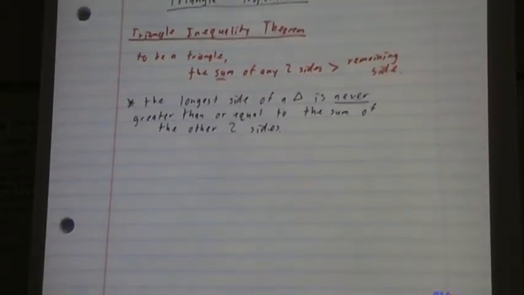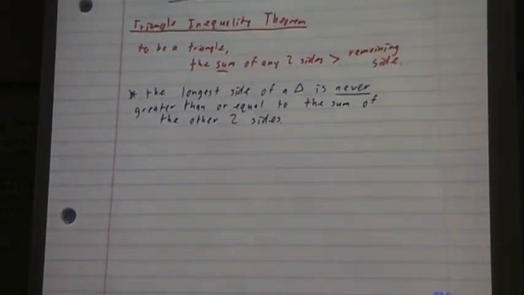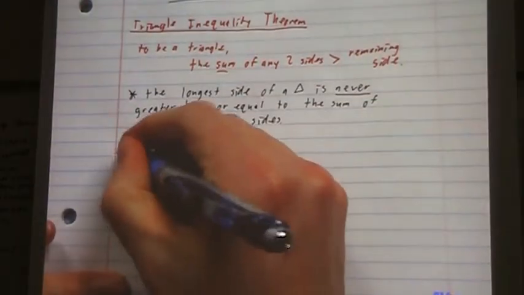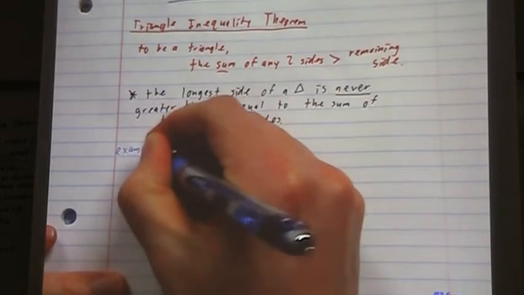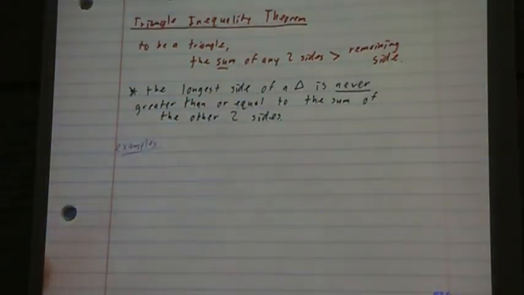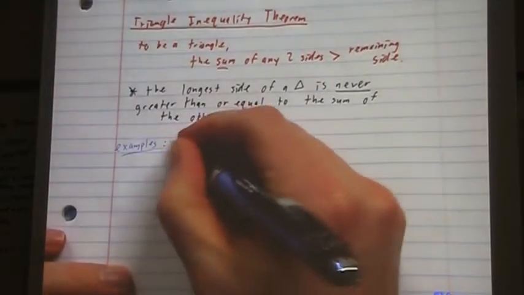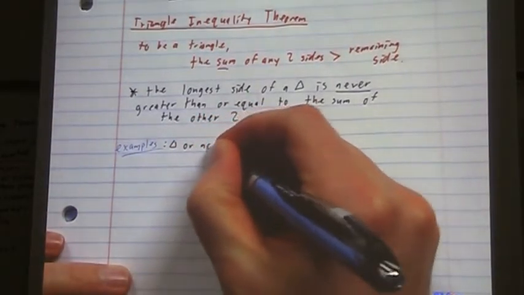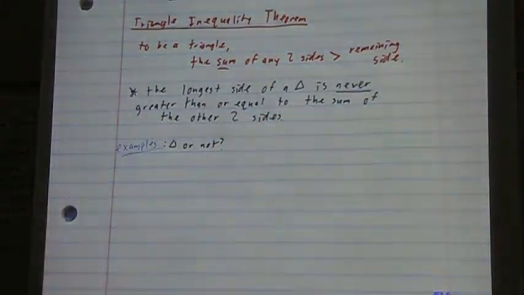And we'll go through a couple of examples. Oh, I'm using my black, that's a little easier to see. So examples, we're going to go through triangle or not. And these are what some of your problems are going to ask you to find.